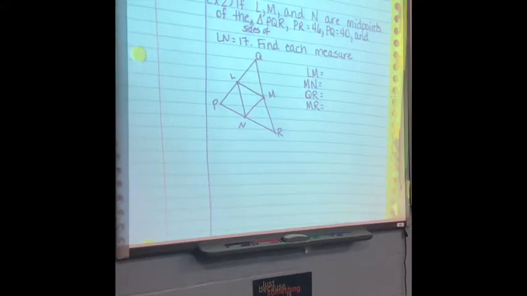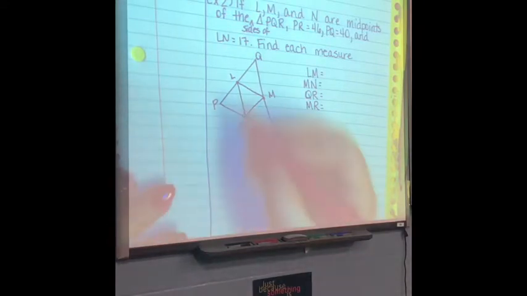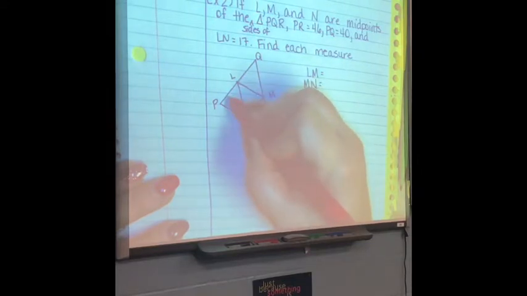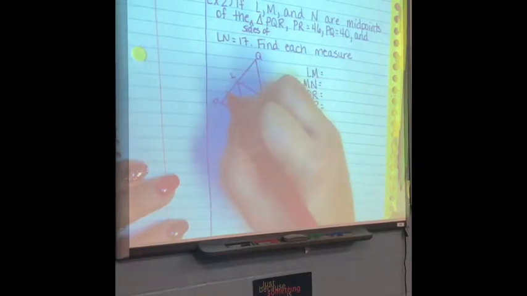All right, so the first thing I'm going to label here is, if these are midpoints, what do I know about PQ here? Then these two parts are congruent, right?